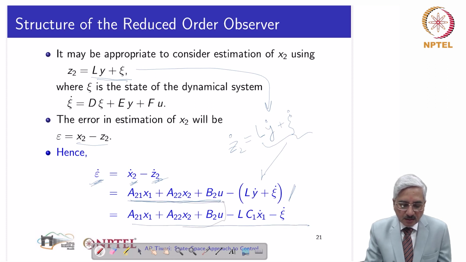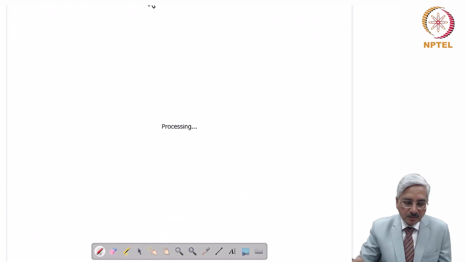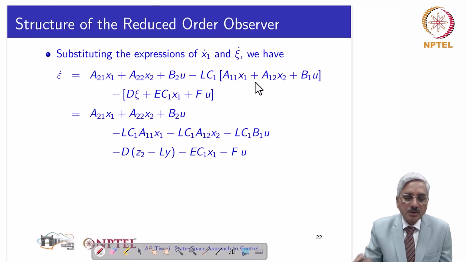This part is as it is. However, because y is c1 x1, y dot becomes c1 x1 dot, so it becomes L c1 x1 dot, and this xi dot is as it is here. Now further it simplifies to this one.